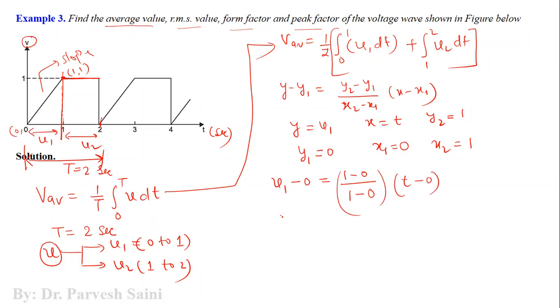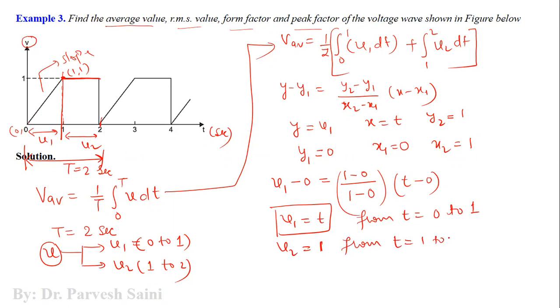So the equation is v1 is equal to t. This is the equation for the sloping line here, and this is from t is equal to 0 to 1. Now v2 is simple, v2 is totally flat, it is equal to 1 because it is flat throughout. So it is from t is equal to 1 to 2. We will use these two values in this particular formula and try to find out the answer.